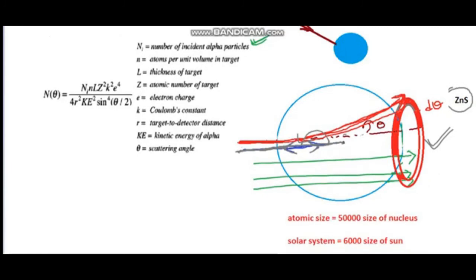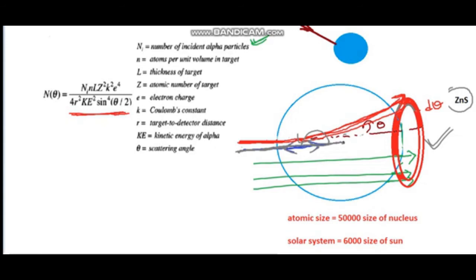First we will consider how the scattering angle affects the number of scattered alpha particles. From this expression we can see clearly that the number of scattered alpha particles is inversely proportional to the fourth power of sine of theta by 2, which means that if you have a smaller angle, your sine value will be smaller and your denominator will be smaller, which leads to more scattered alpha particles.